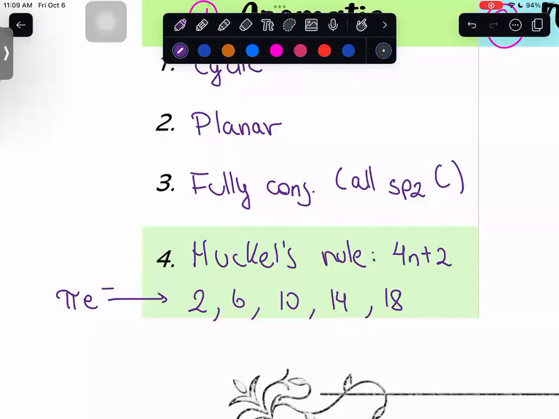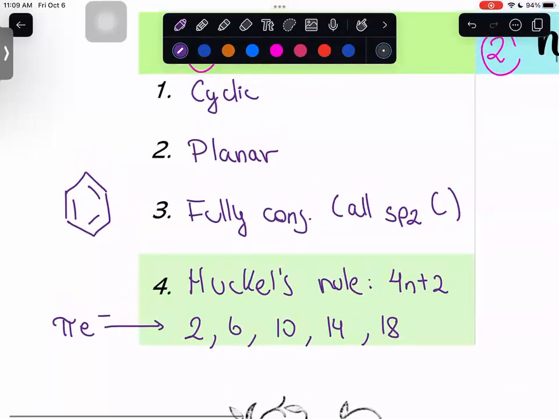Now let's go back to our benzene group. Benzene, let's go through each of the requirements. It's cyclic, it's planar, it's fully conjugated because all of the carbons are sp2. And then for Huckel's rule, we have to see how many pi electrons we have.